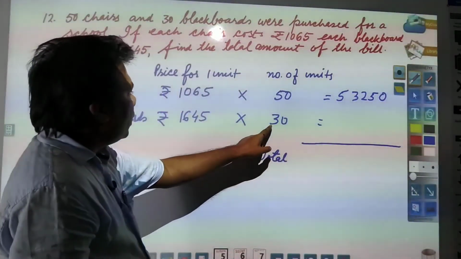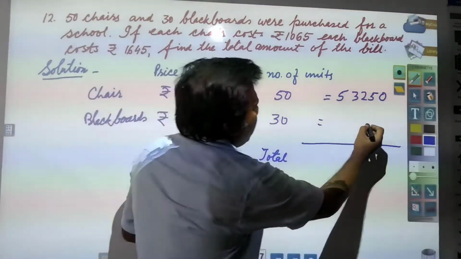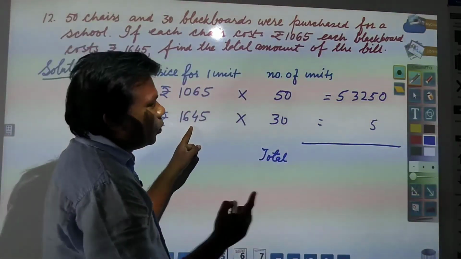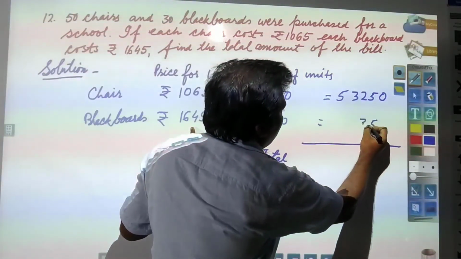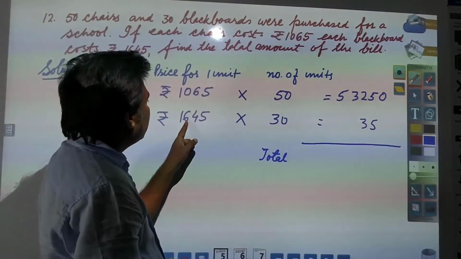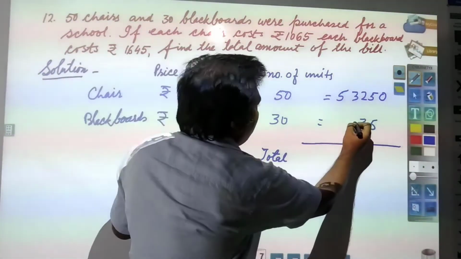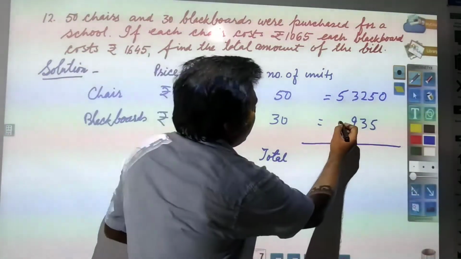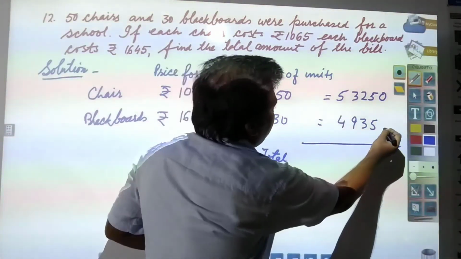Here you multiply 3 5s are 15, 1 you have, 3 4s are 12 and 1 is 13, 3 6s are 18 and 1 is 19, and 3 1s are 3 and 1 is 4 and 1 0.